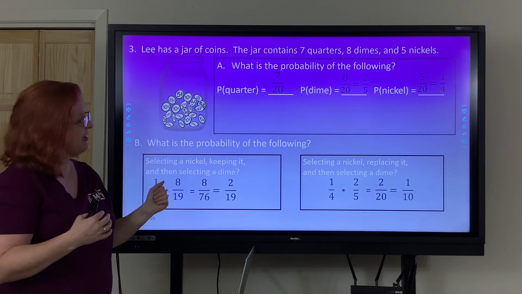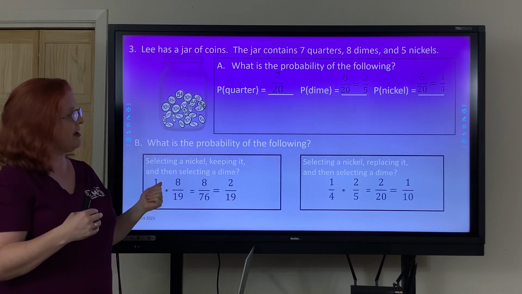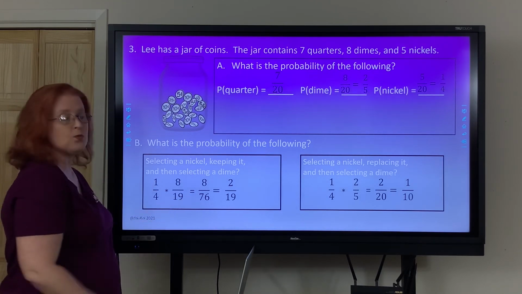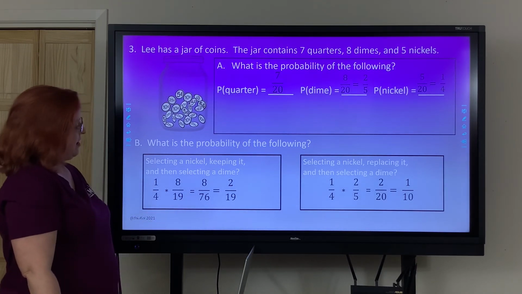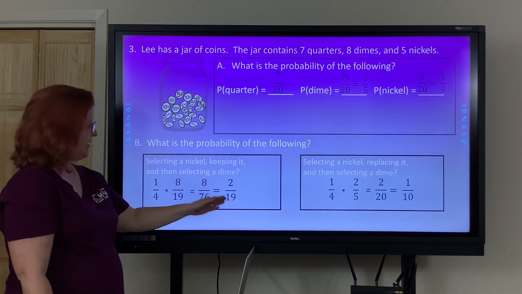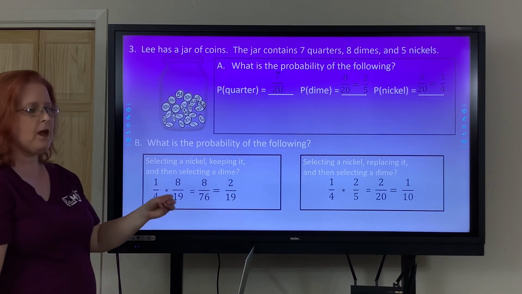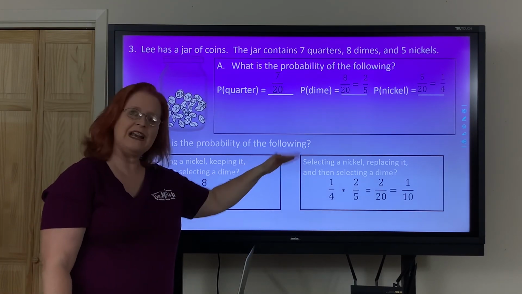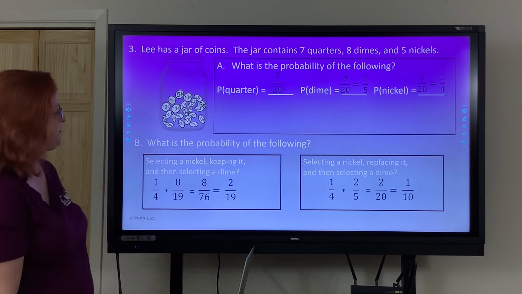And then multiply the numerators, multiply the denominator, and you end up with 2/20, which is the same as 1/10. And so it'll happen 2 times out of 19. If you repeated the experiment a bunch of times, you're going to end up with that probability. Or 1 out of every 10 times.